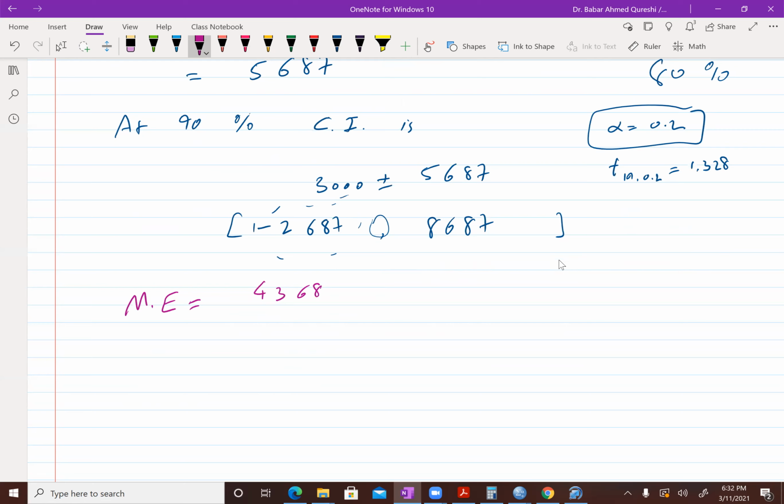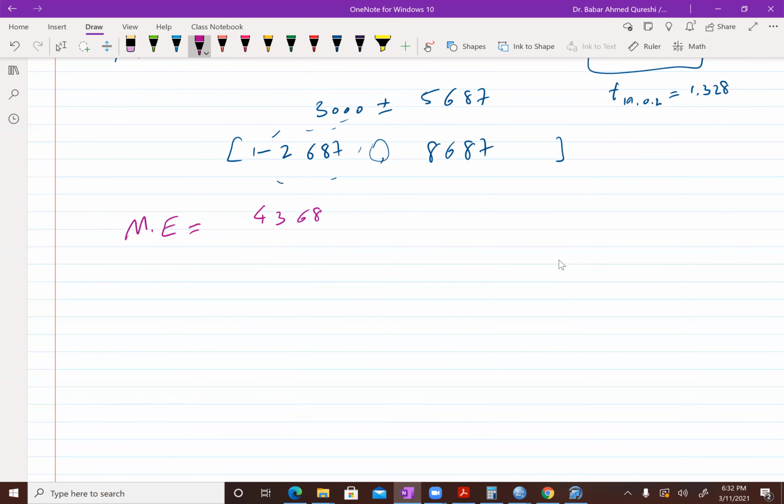Now, let's do another case. This time you are doing population confidence interval for difference of two normal populations for their population proportions.